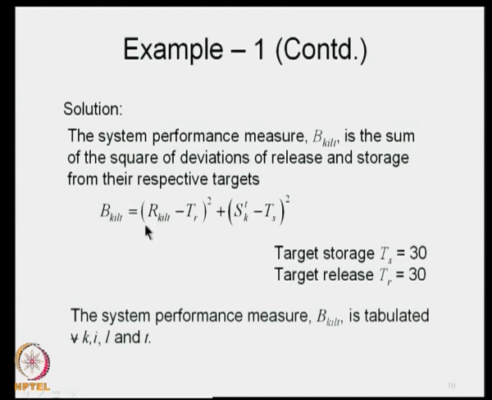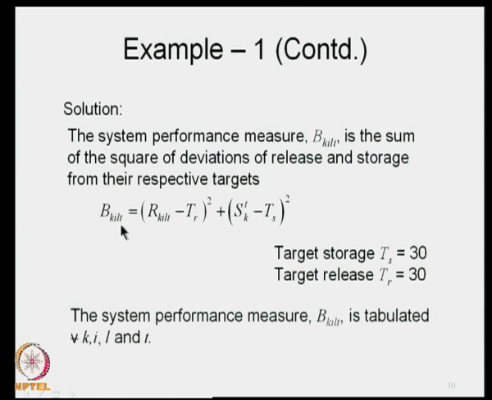So, for each combination of k, I, L for each of the time periods, you must first enumerate or tabulate the system performance measure. That is what we will do now for this. So, we have defined BKLT as the sum of the squared deviations.